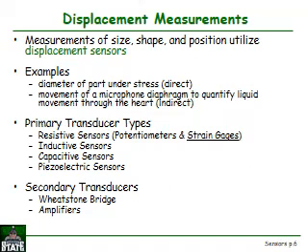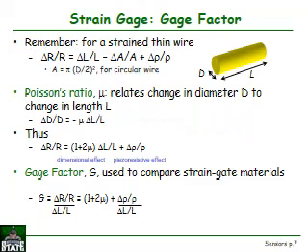Then displacement measurement, with examples: diameter of a part under stress, movement of a microphone diaphragm, quantified liquid, movement through the head. There are different types of primary transducers: resistive sensor, inductive sensor, capacitive sensor, piezoelectric sensor. Secondary transducers are Wheatstone bridges and amplifiers.